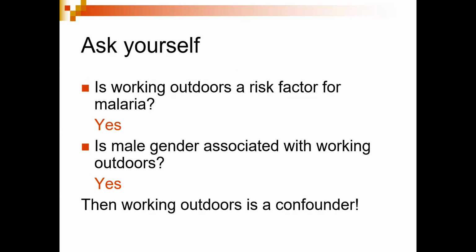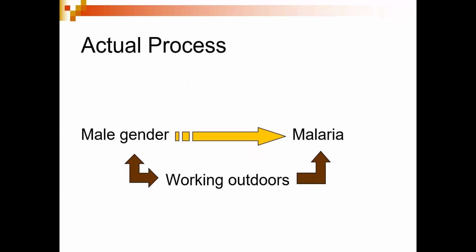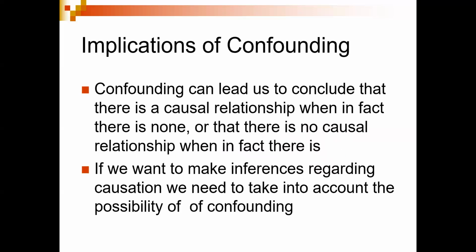So in this case, working outdoors is a confounder. So what is happening here? This is the actual process which is explaining the relationship between your exposure and your outcome. It's not explained by this, but by the other alternative pathway through the confounder.